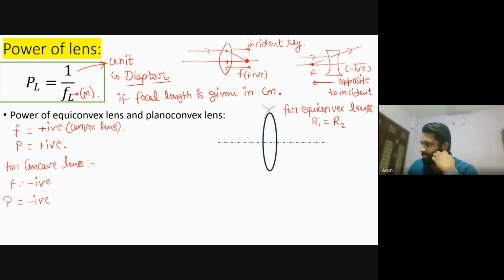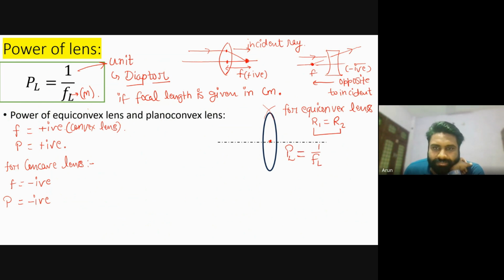Because this lens has equal radii of curvature, R1 is equal to R2. This is the optical center of it. So the power of a lens is given by 1 upon FL for this lens.